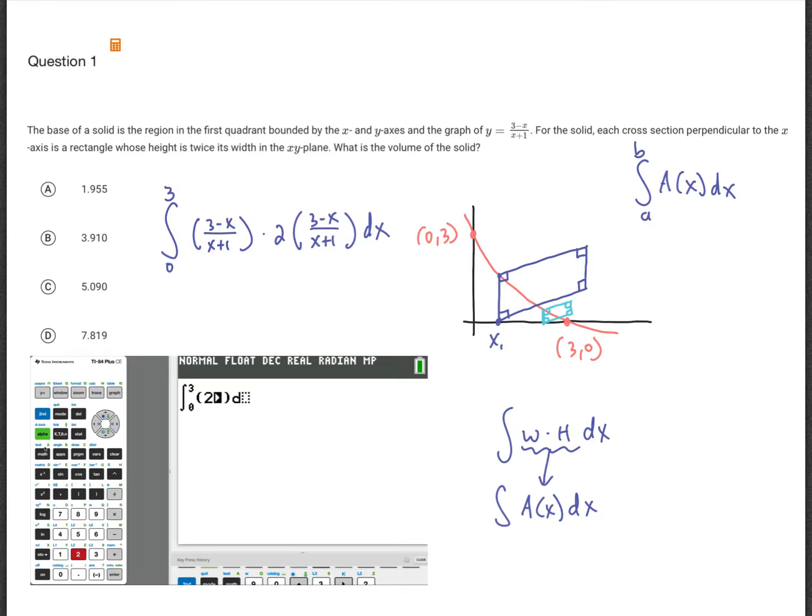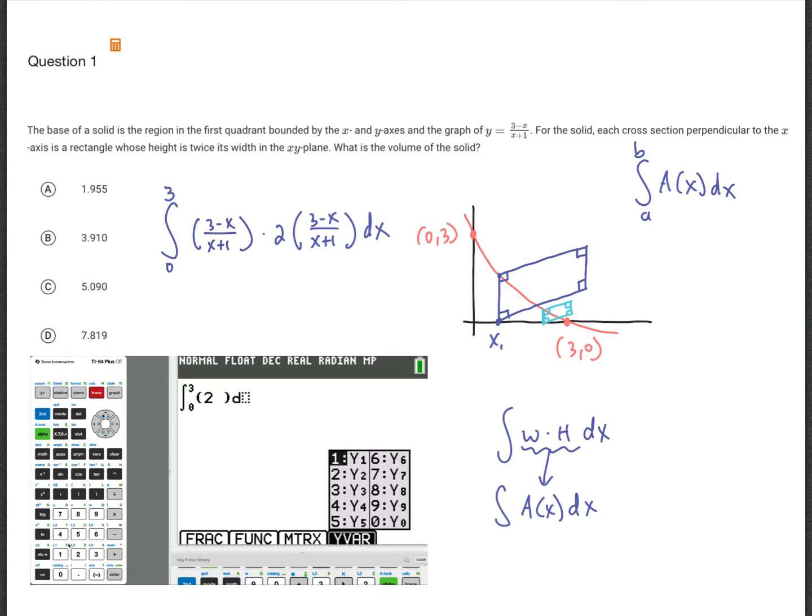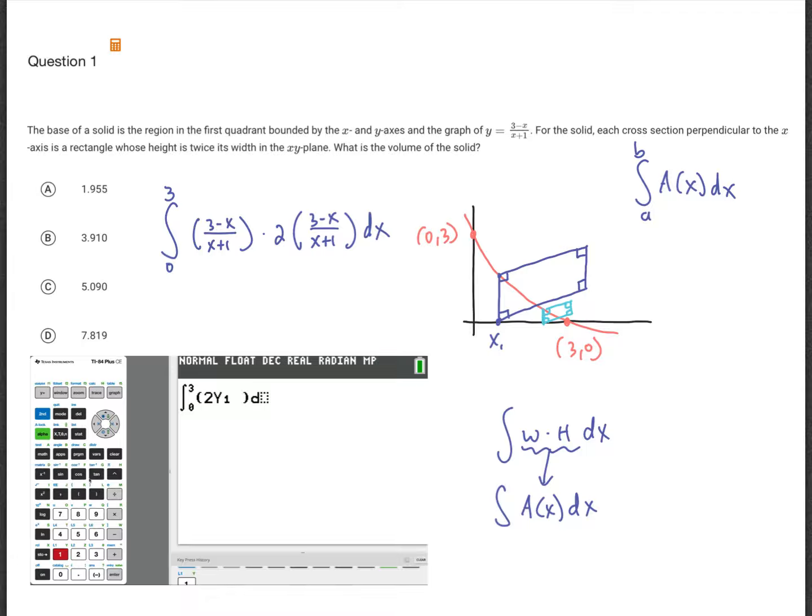Okay, we'll do 2, and then I'll really just get this function. That function's in y1, and just square that function. And then that'll be it. All right, that's it. That's answer choice D.